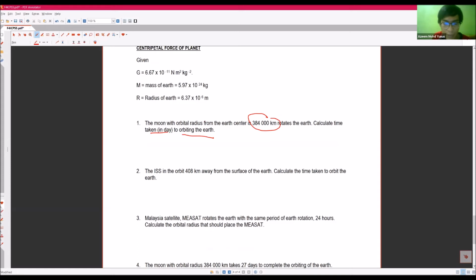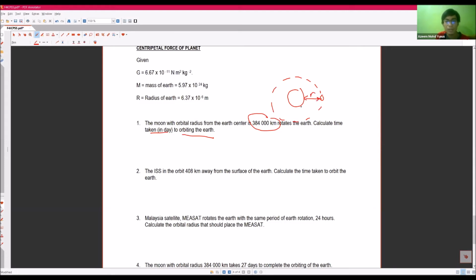So basically, this is the distance, the distance of the moon's orbit compared to the Earth. So when we draw, we have the radius here.